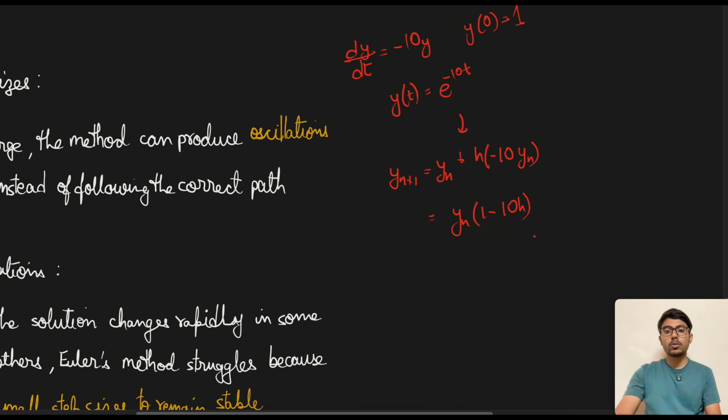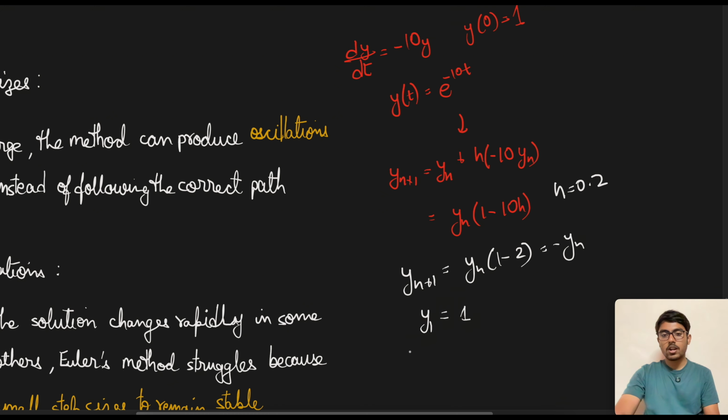Now, suppose we choose h to be 0.2, which is large in this context, then y_{n+1} is going to become y_n times (1 minus 2), right, which is minus y_n. Now, if we look at it from a numerical standpoint, y1 equals 1, y2 equals minus 1, y3 equals 1 again, and so on, right?